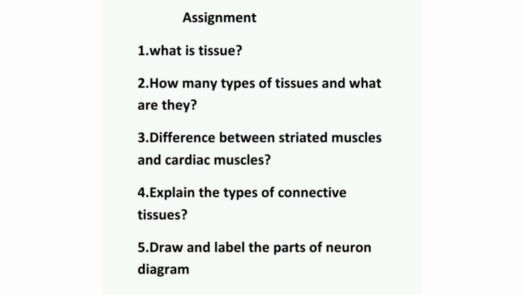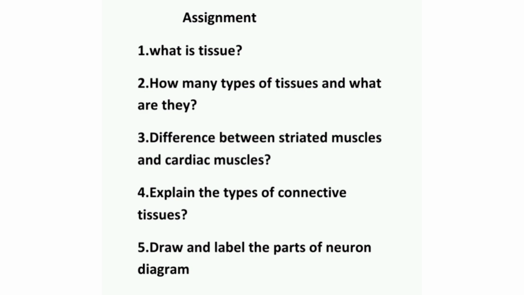With this, we have recalled everything today. Now I have given some assignment questions. First one, what is tissue? Second one, how many types of tissues are there and what are they?